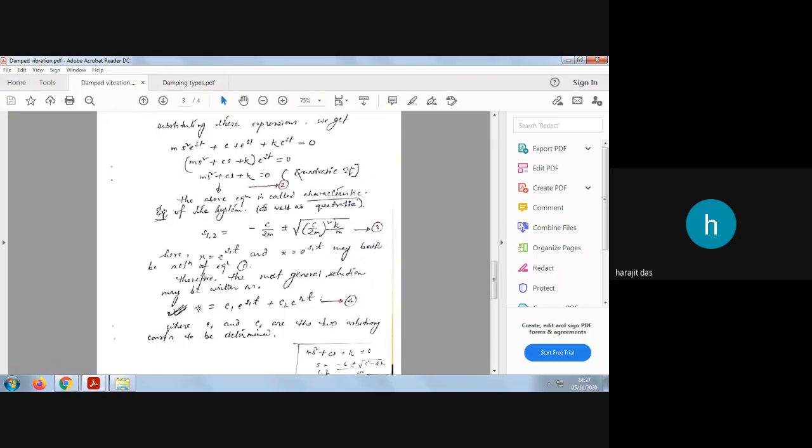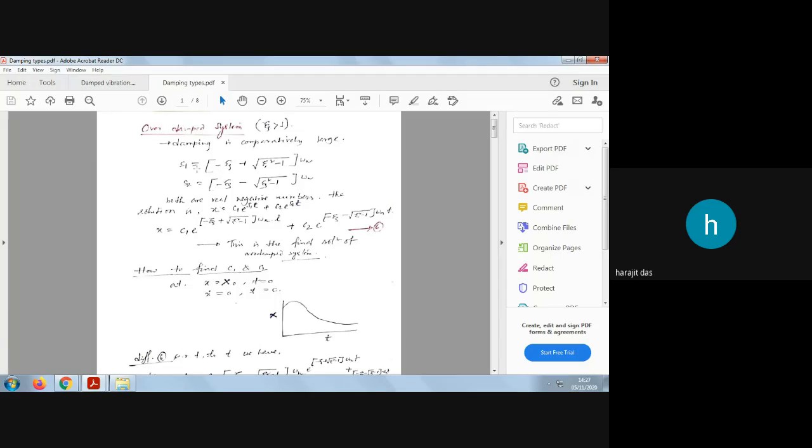As the roots are real and negative, you can write the solution in the same way. So here we will be putting the s1 value and s2 value that we have got.